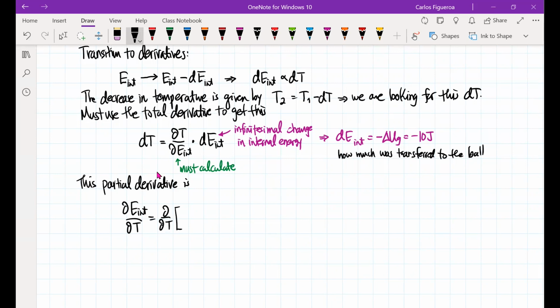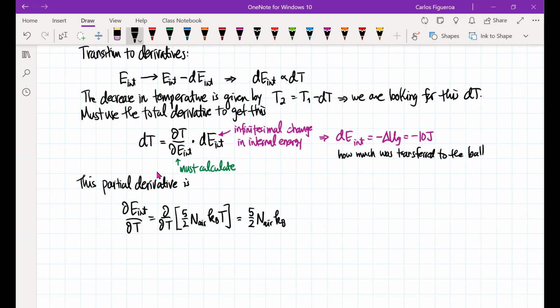We know that the internal energy is 5/2 N_air k_B T. And clearly, when I take the derivative of this, it is 5/2 N_air k_B.